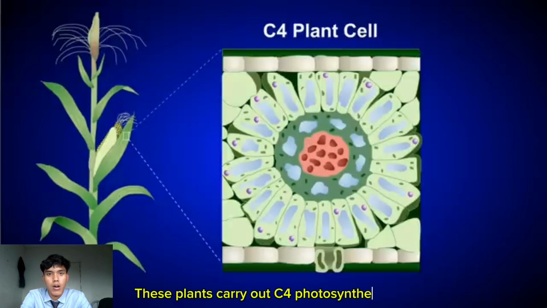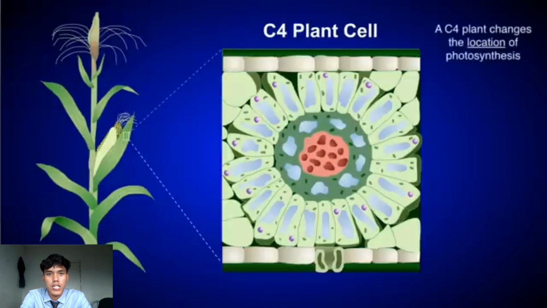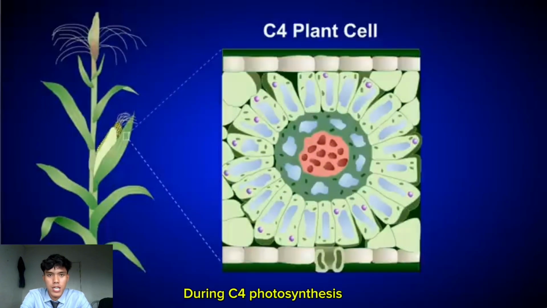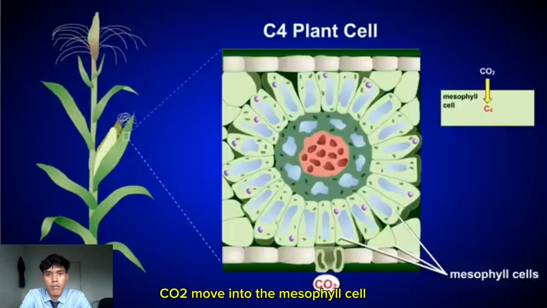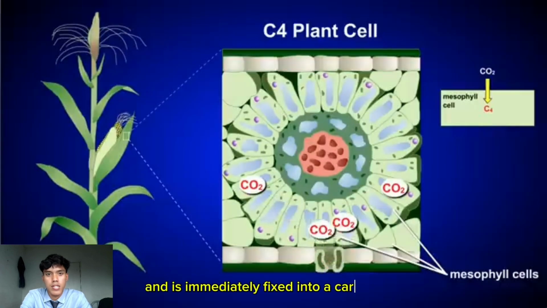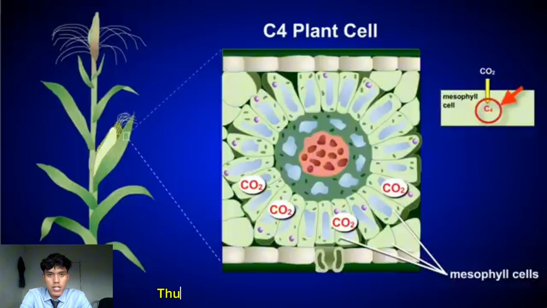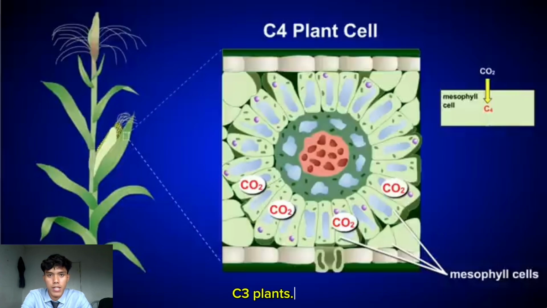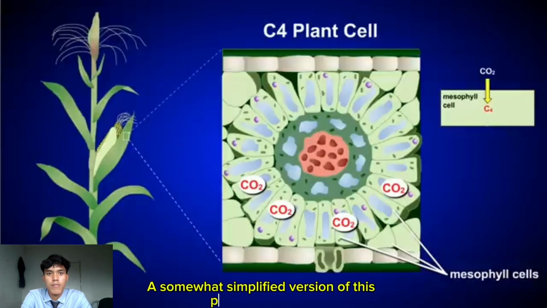These plants carry out C4 photosynthesis instead of C3 photosynthesis. During C4 photosynthesis, CO2 moves into the mesophyll cell and is immediately fixed into 4-carbon molecules. Thus, the name is C4 photosynthesis. But the anatomy of C4 plants is different from that of C3 plants. A somewhat simplified version of this process is shown here.